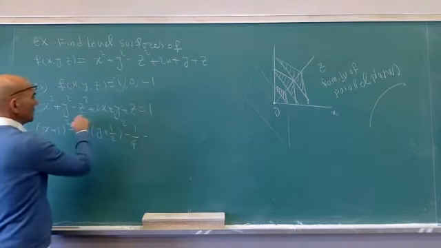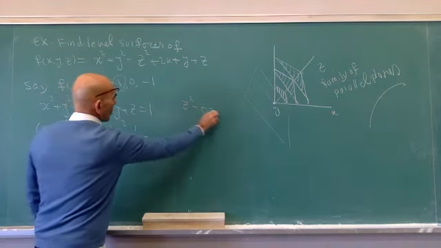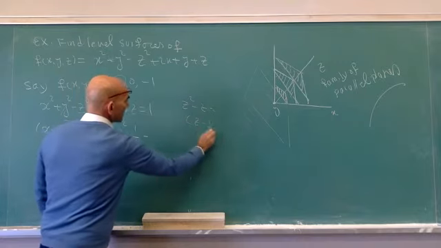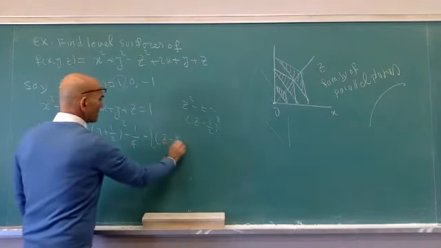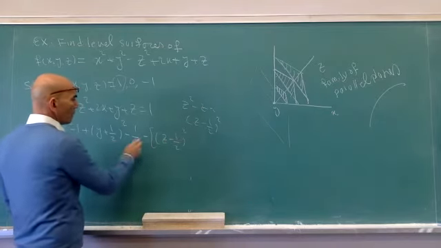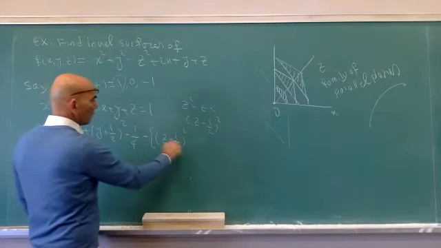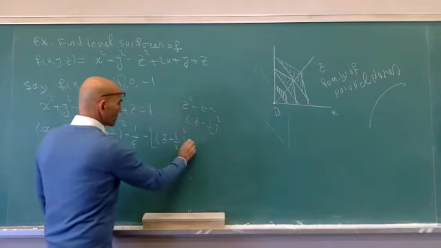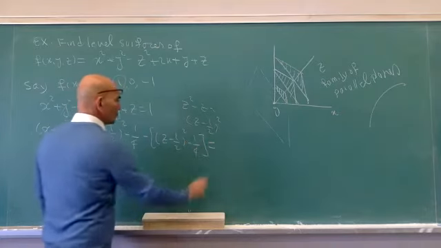How do we deal with z² minus z? Well, this is z minus half squared, so minus z minus half squared, and then we have plus a quarter here, equal to 1.